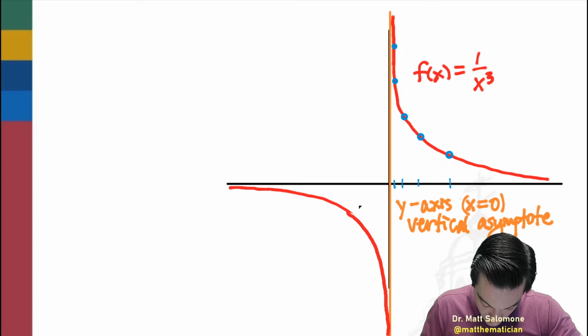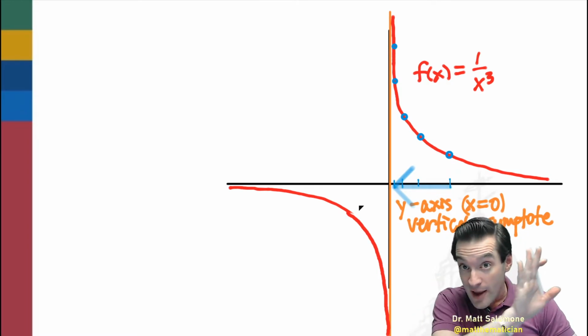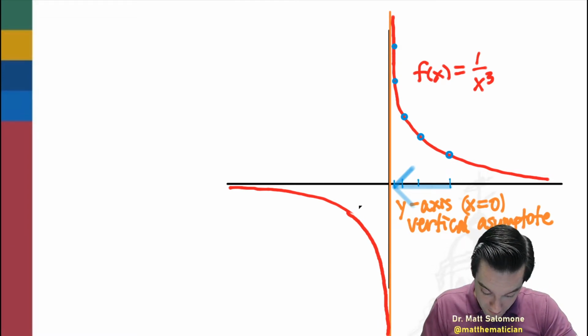So what I might say is something like this. I'm going to try to draw this in a way that's as illuminating as possible. As my x's get closer and closer to 0 from the right side, so as my positive values of x get closer and closer to 0. And that's a piece of the notation that was part of the preview activity that I didn't really go into depth on, but now is a good time to do that.